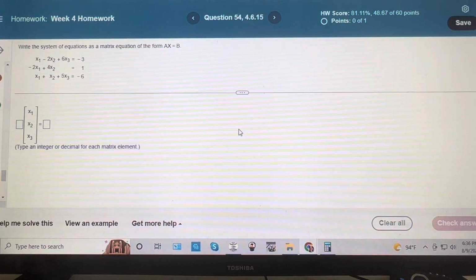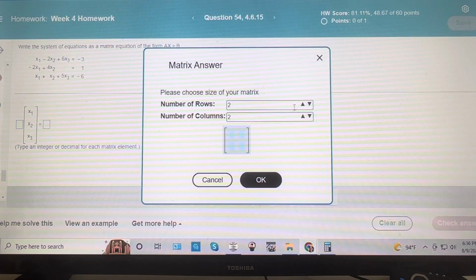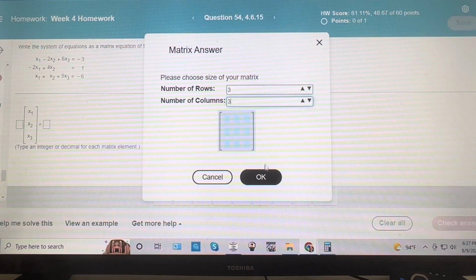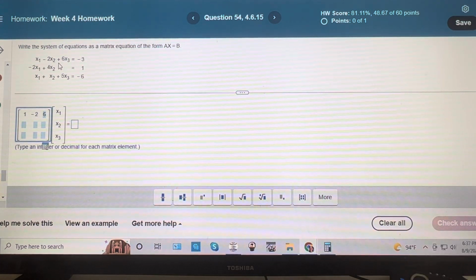Okay, now they want me to do the opposite. So they already put the x, y, z in essence from all the variables. So on this box, you need a 3 by 3 matrix from all these numbers. This is exactly the reverse of the last two problems. You don't have to do any calculating. It's all right here. Just reading this is all you're doing. 1 for the 1x, and -2 for that part, and then +6.